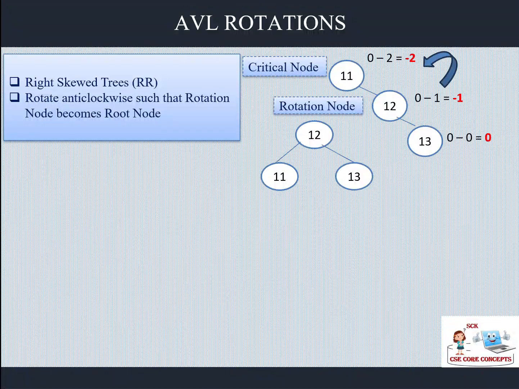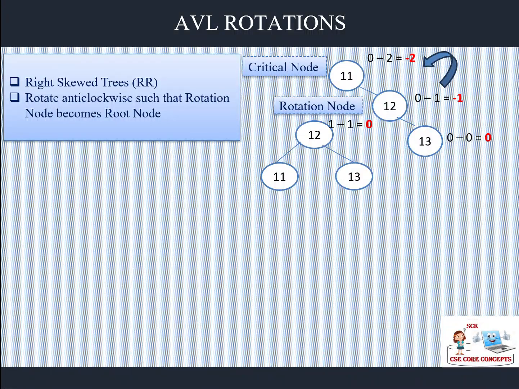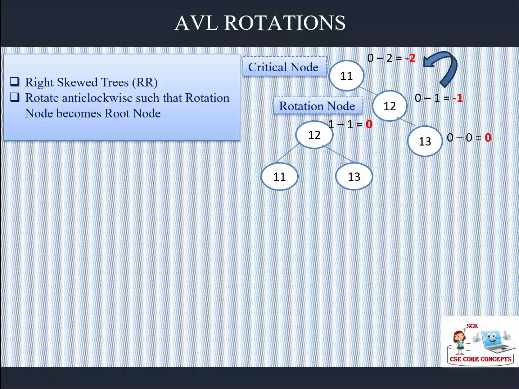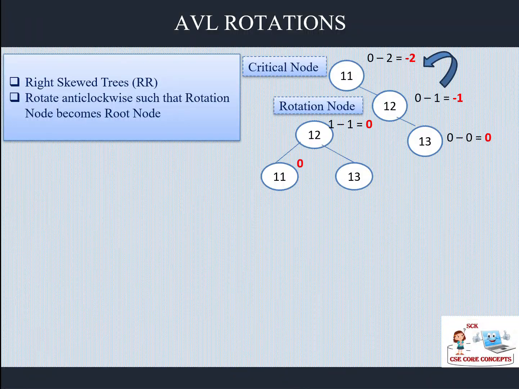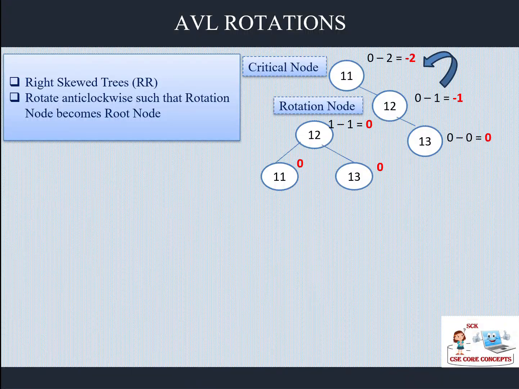You have to keep the rotation node fixed, and you have to turn as if you are turning a compass, right? So this way if you do, 12 becomes your root node. On the left hand side is 11 and on the right hand side is 13. So if you compute the balancing factor of all the three nodes, 12 is 0, 11 is 0, and 13 is 0. So it is in the range of -1, 1 and 0.